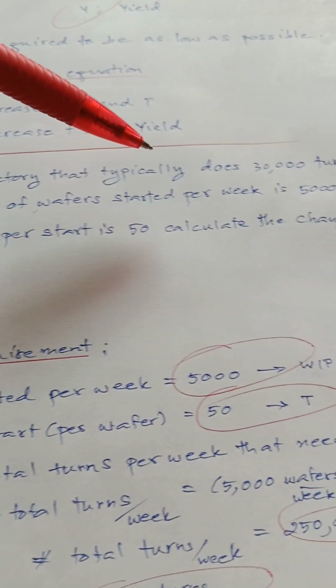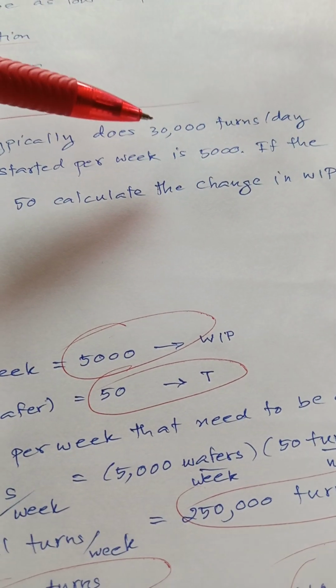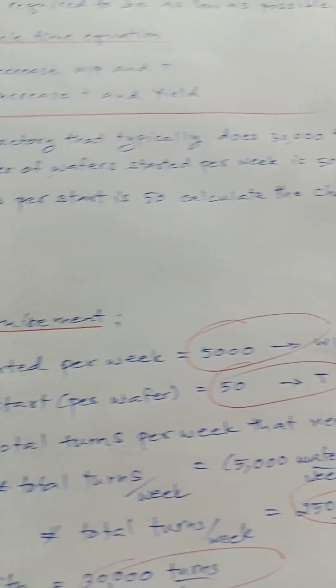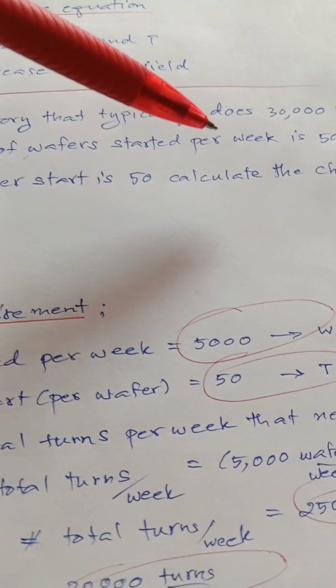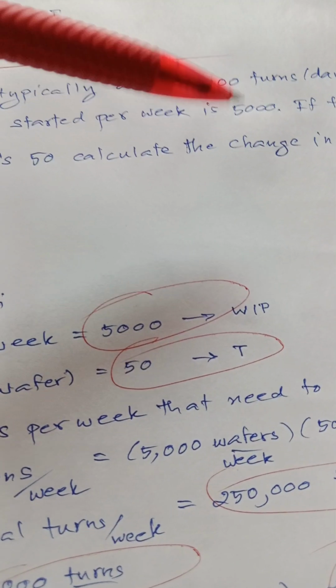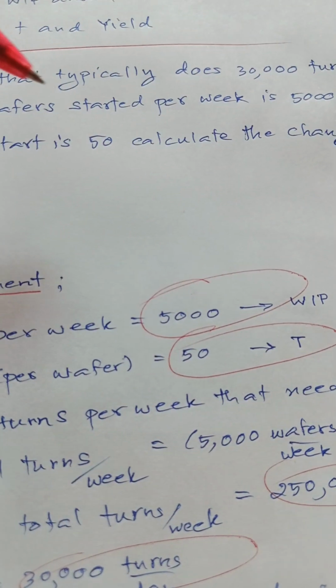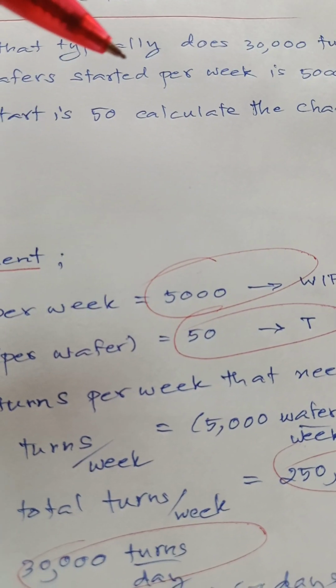Given a factory that typically does 30,000 turns per day, or 30K turns per day, and the number of wafer starts per week is 5,000. You have 5,000 wafers that need to be processed per week.